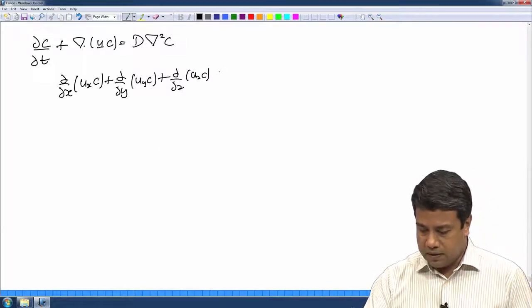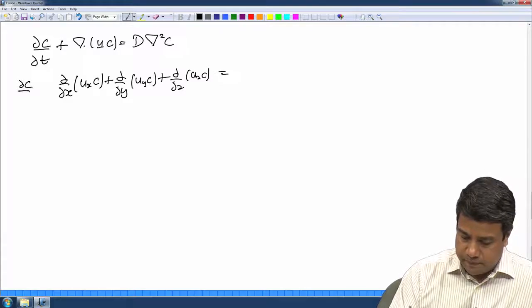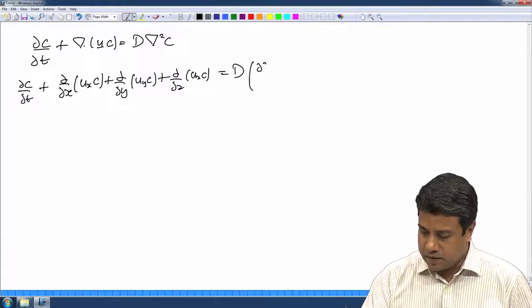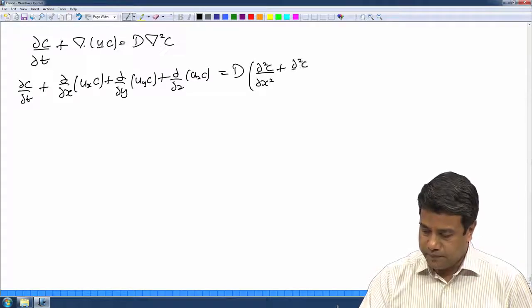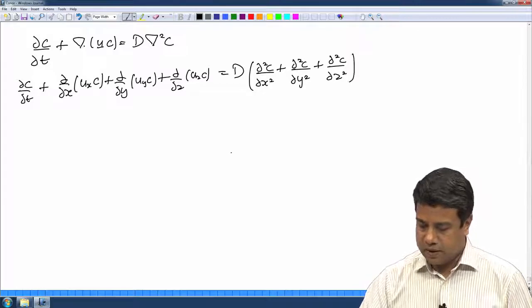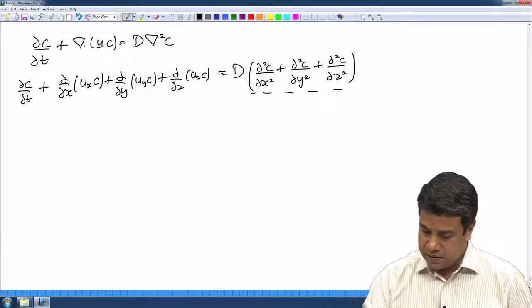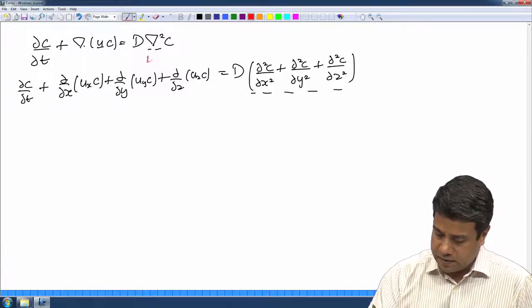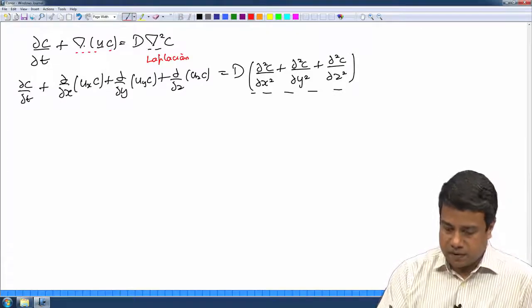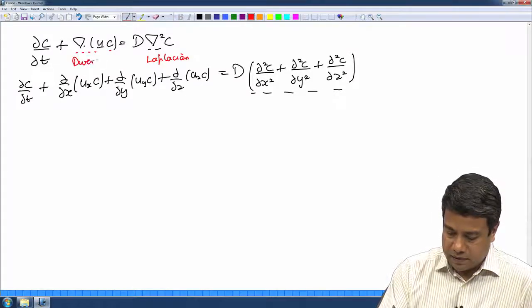And on the right side I have d into d square c by dx square plus the other second derivatives. This operator is called the Laplacian. And this thing here, the del dot of a vector, is called the divergence of that vector.